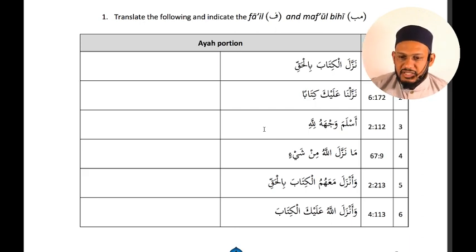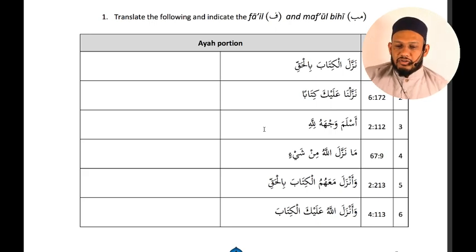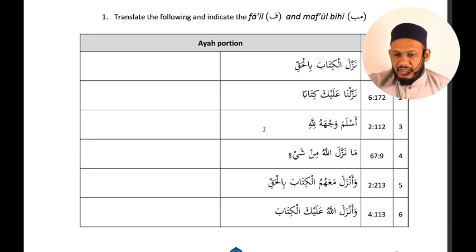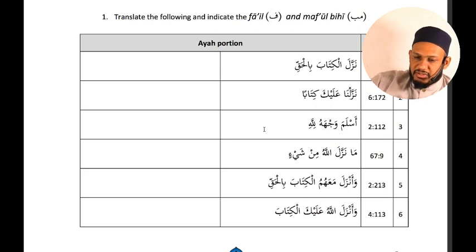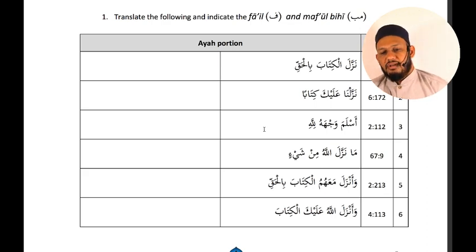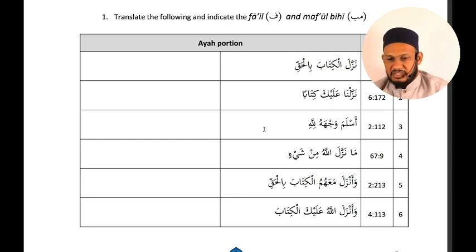Aslama, he submitted. So the fa'il of aslama is not on, not left, it's inside. It's the he inside. He submitted. Wajahahu literally means he submitted his face. Lillah, to Allah. Aslam wajahu lillah. Face obviously means a being, is included in face.